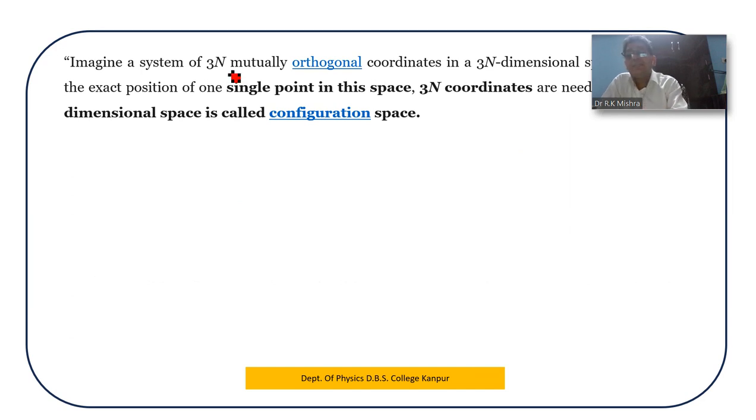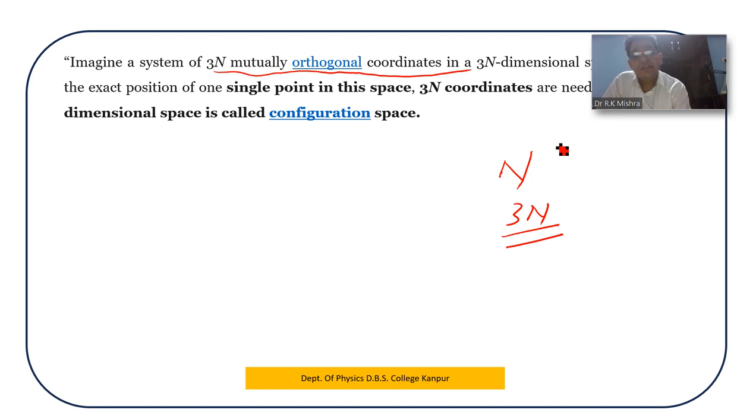Imagine a system of 3n mutually orthogonal coordinates in 3 dimensional space. For the exact position of a single point in the space, 3n coordinates are needed. That is called configuration space. मतलब system have n particles, so 3n coordinates are required to their configuration.